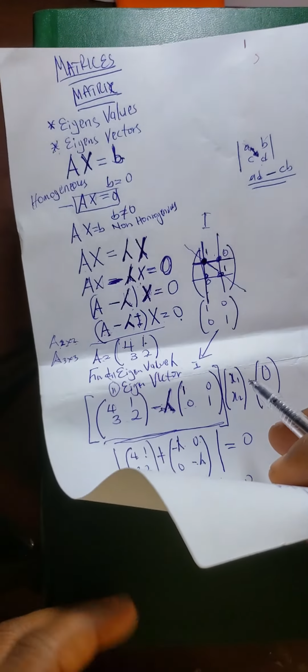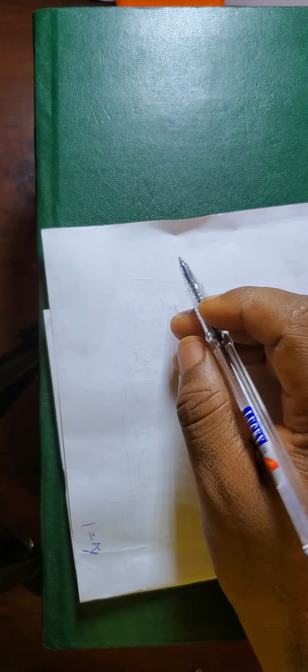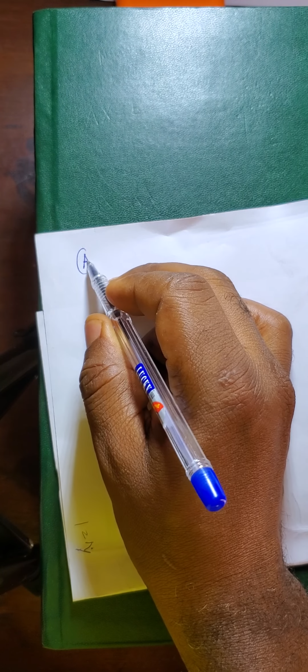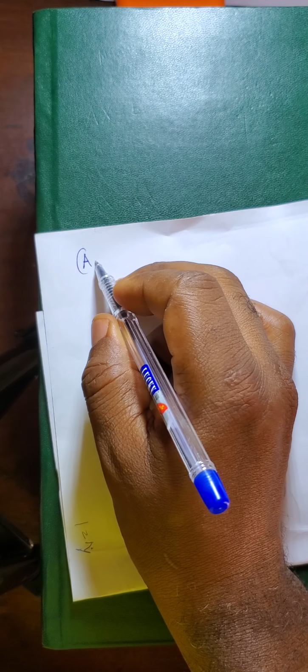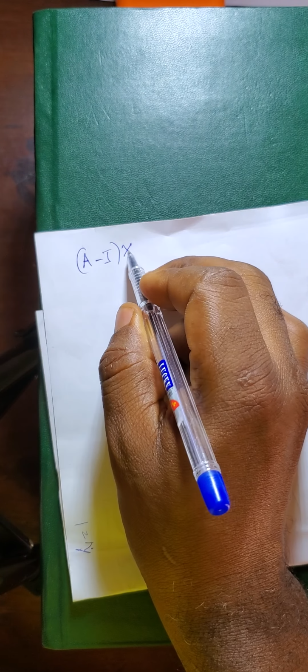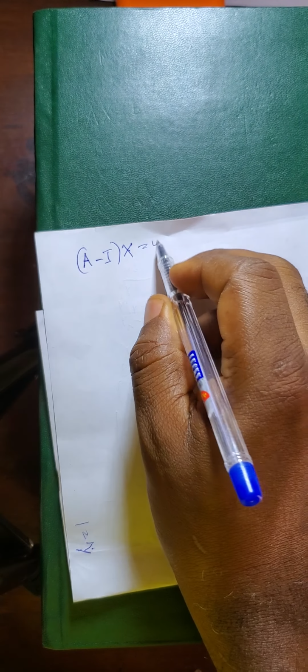So we are going to have something like this now. We have the matrix of the coefficients minus the identity matrix, then times the eigenvector x, is equal to 0.